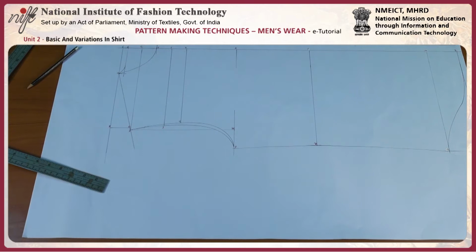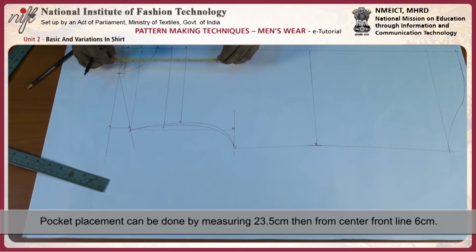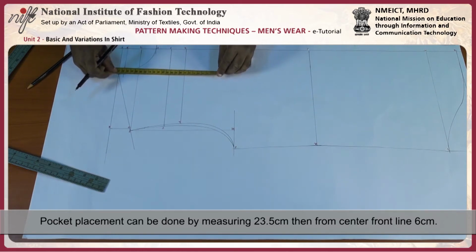Now let us move to pocket placement. Pocket placement can be done by measuring from HSP 23.5 centimeters.